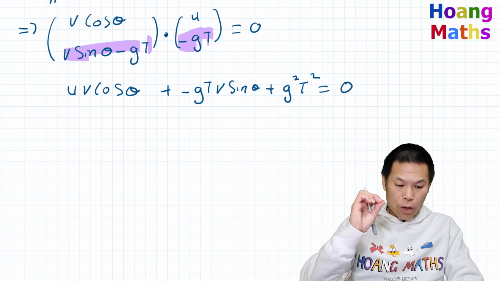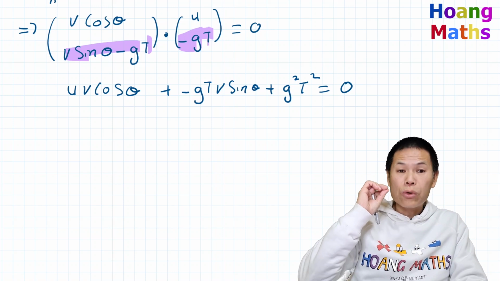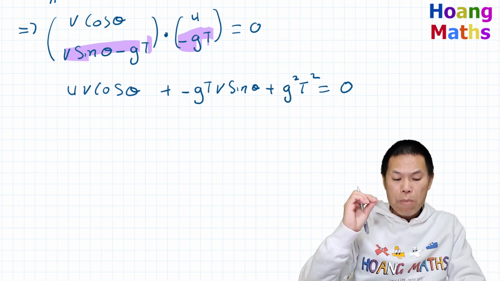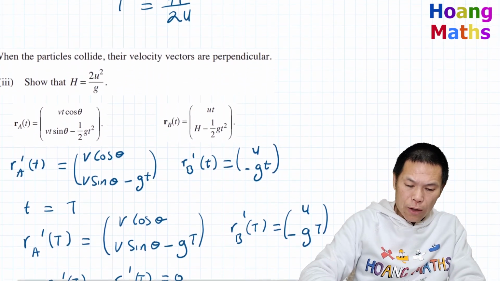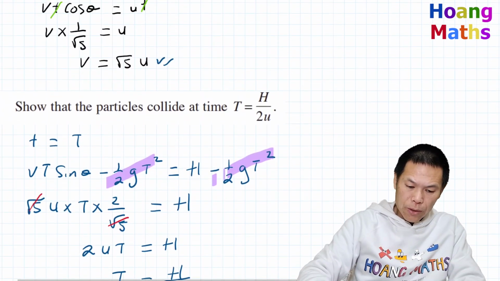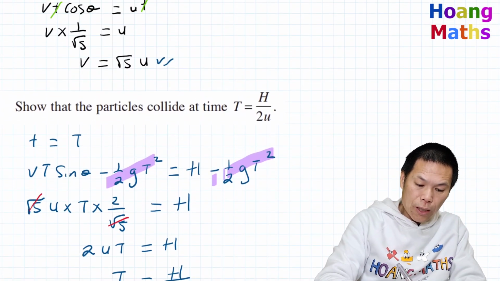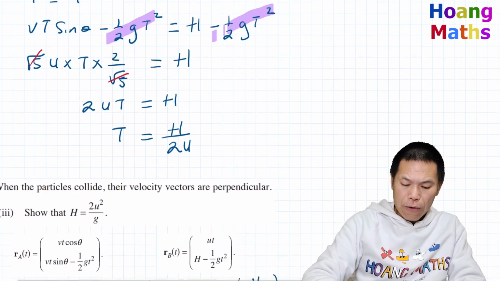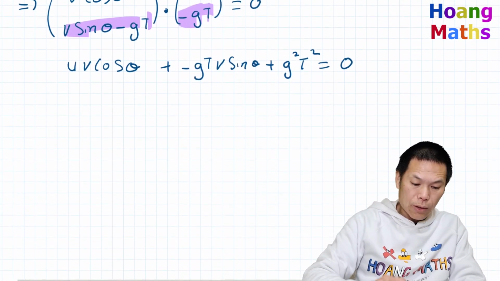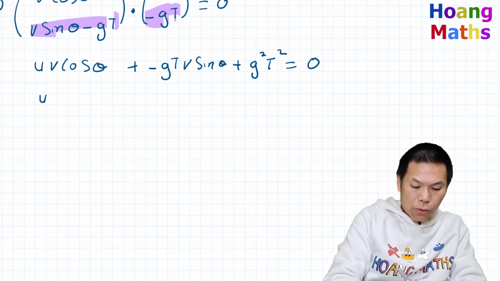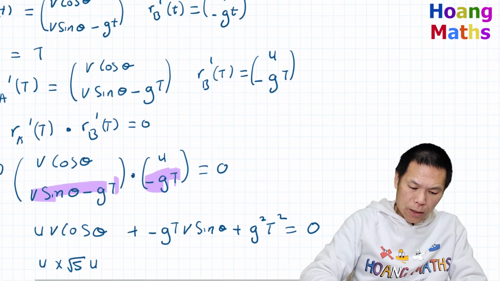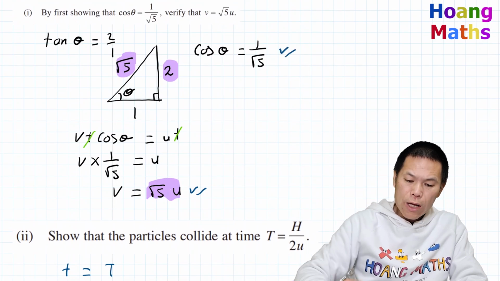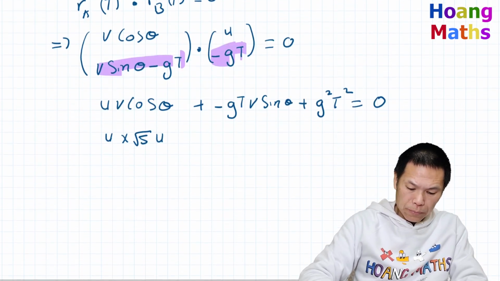So what I do, and we just need to solve this. But then remember v equals square root of 5 u from earlier. There you go. v is square root of 5 u. So that is u times square root of 5 u, and cos of theta is this, 1 over square root 5.